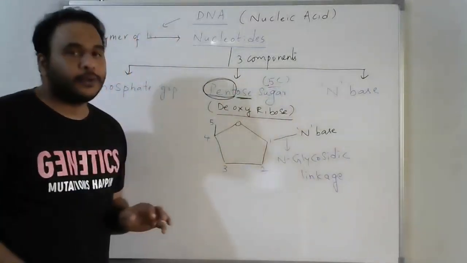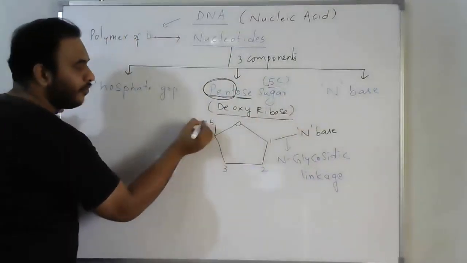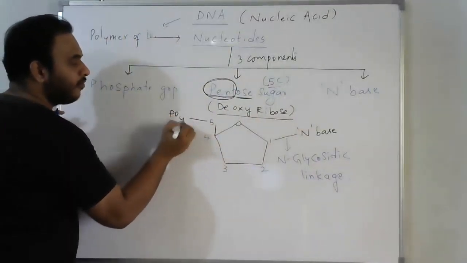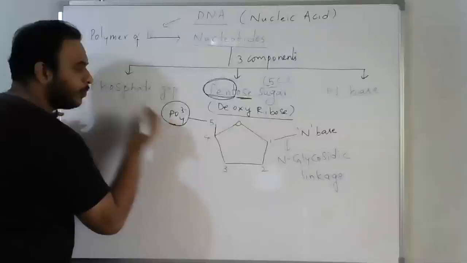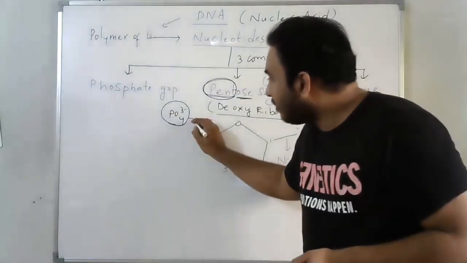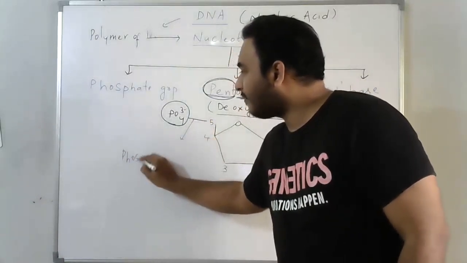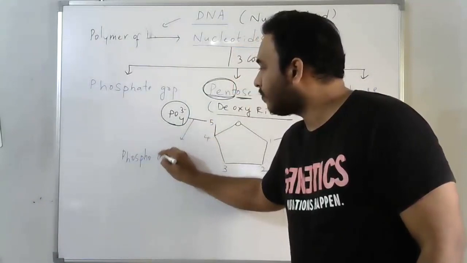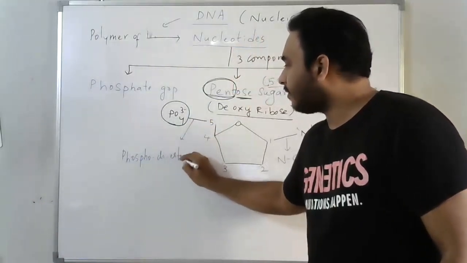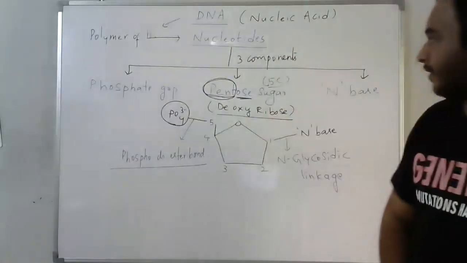And we may get a question, what about the phosphate group? The phosphate group is attached to the fifth carbon of this deoxyribose, and this bond is called phosphodiester bond.